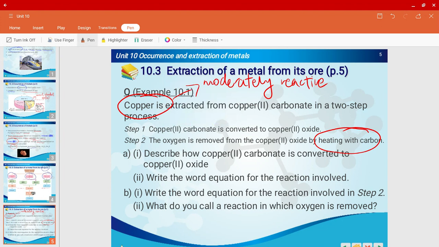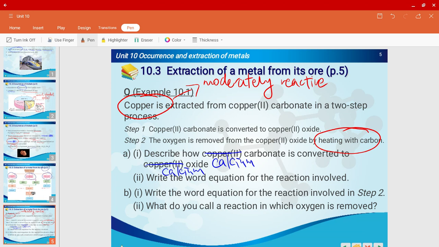Copper 2 carbonate. What if I change copper 2 into something that you're more familiar with? What if I change it to calcium, calcium carbonate and calcium oxide? I think now you're able to tell me how you can convert calcium carbonate to calcium oxide. Remember you learned this in Unit 4?